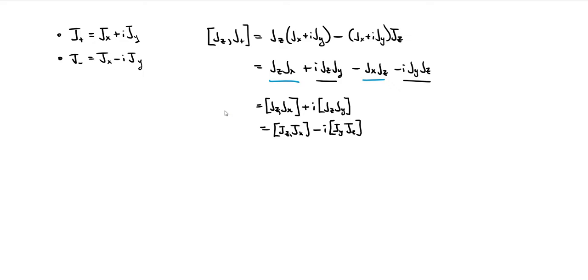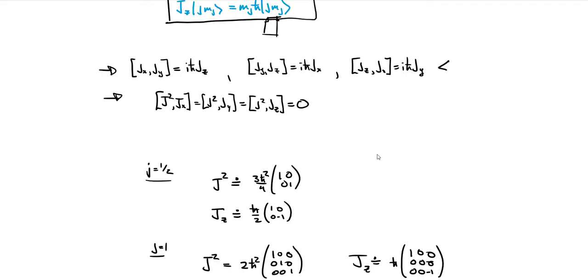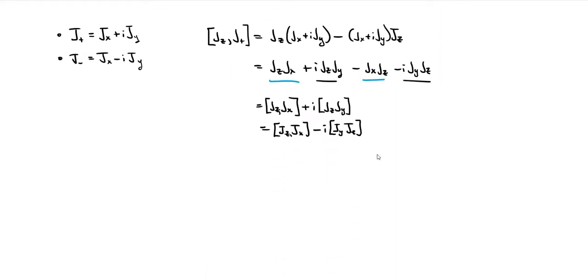If you think back to when we were discussing this, Jx, Jy is related to the Jz operator by cyclic permutation. So this Jz, Jx commutator is just i h bar Jy, and this other commutation relationship is simply i h bar Jx.